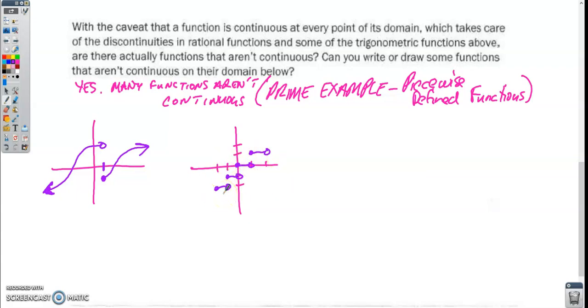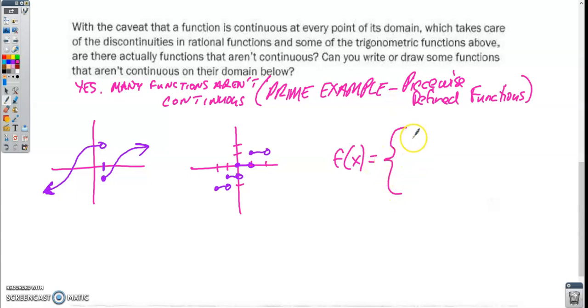The domain of this actual function is from -infinity to infinity, but there are places in there where there are discontinuities. And I could write a function that's discontinuous. The easiest way, like I said, is to write it as a piecewise defined function.